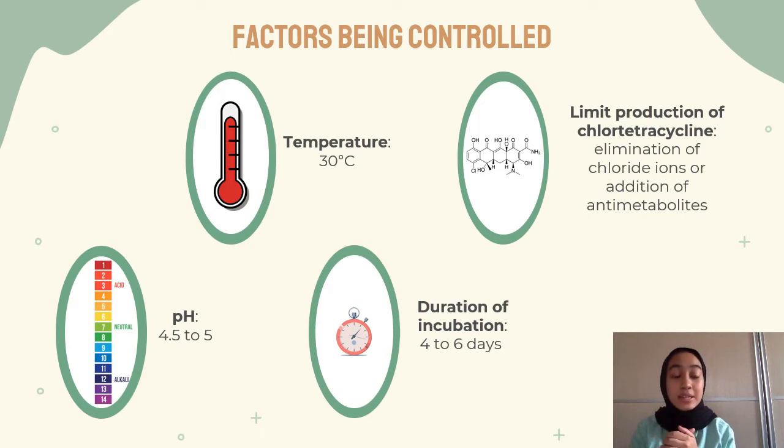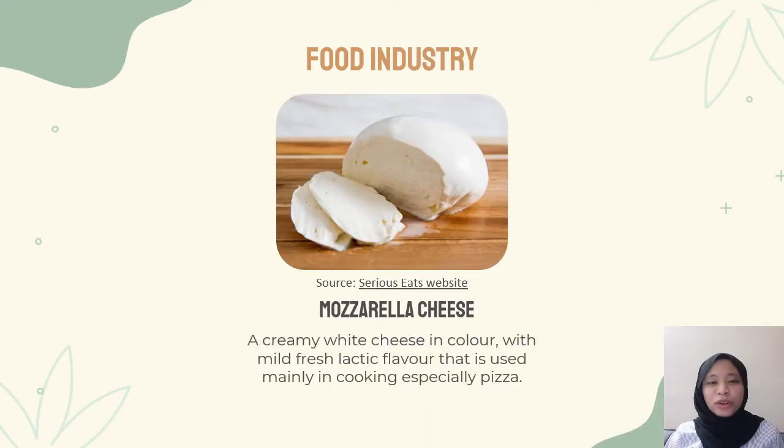To limit the production of chlortetracycline, it can be done by the elimination of chloride ions from the media or the addition of antimetabolites such as inorganic bromine salts in the media to inhibit the incorporation of chlorine in the tetracycline molecule. I will proceed to the next slide.